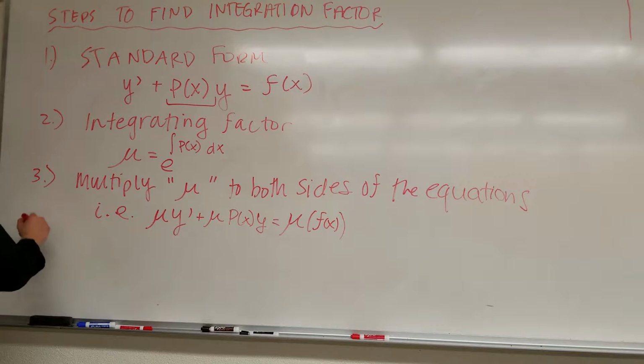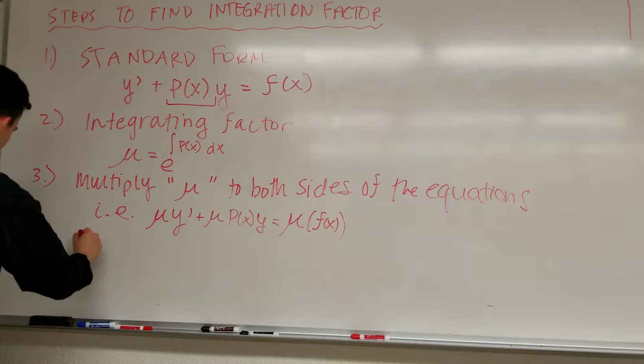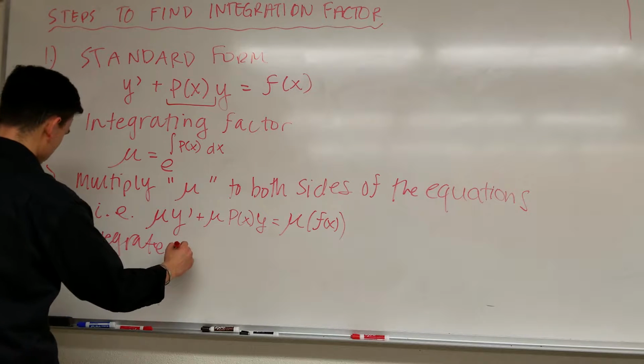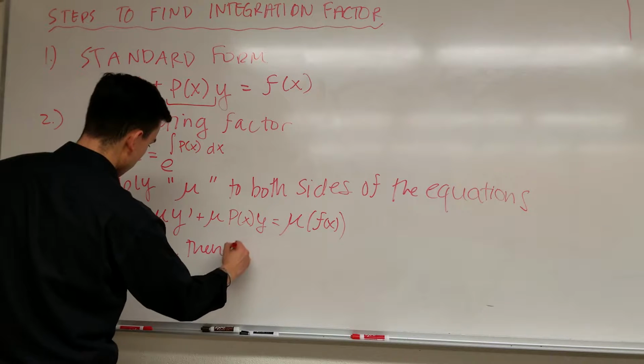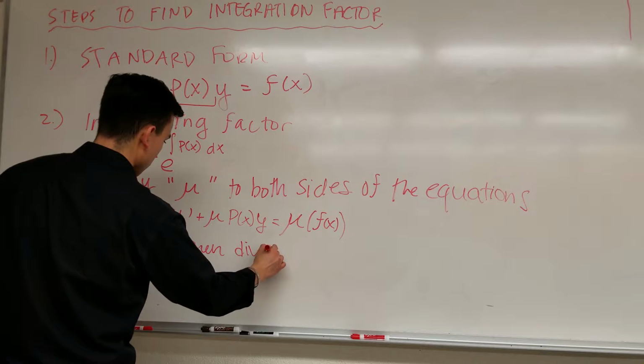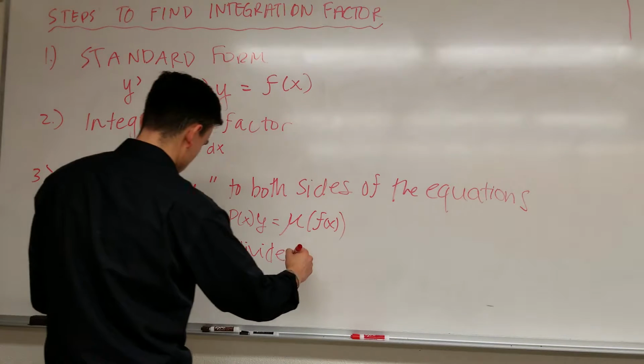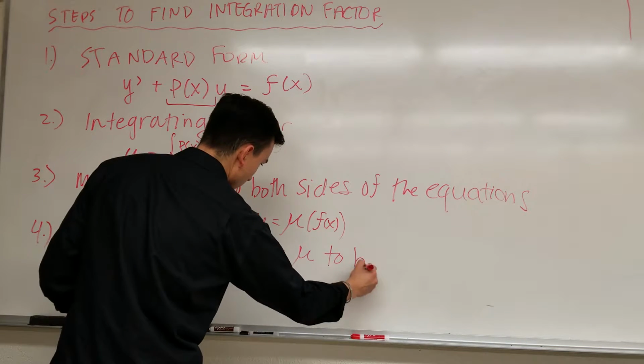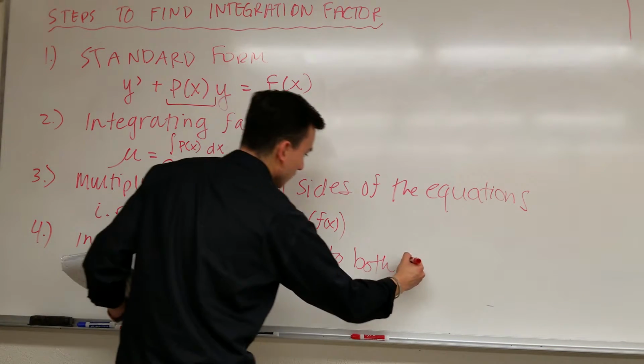And step number 4, last but not least, is simply integrate. Then divide mu to both sides.